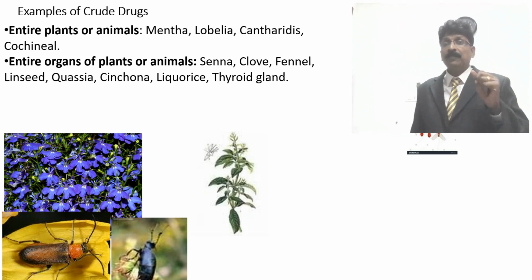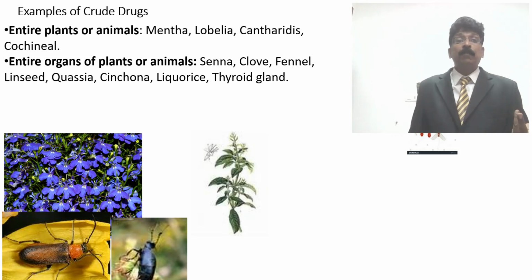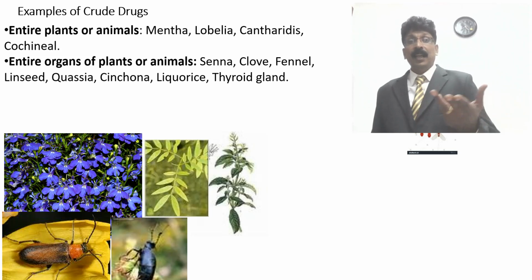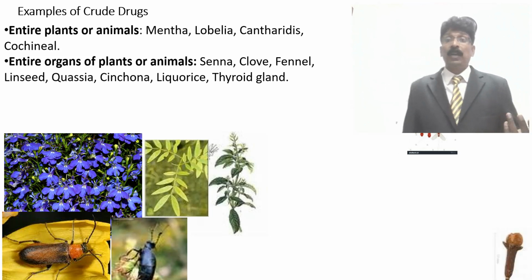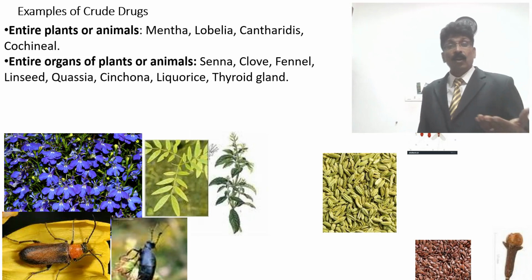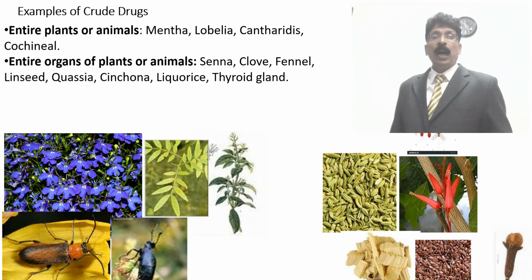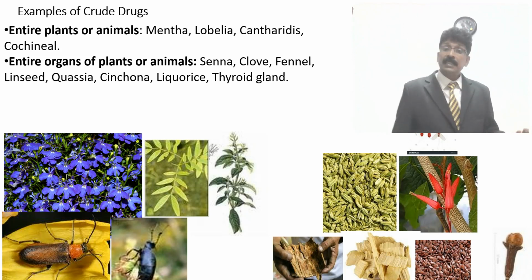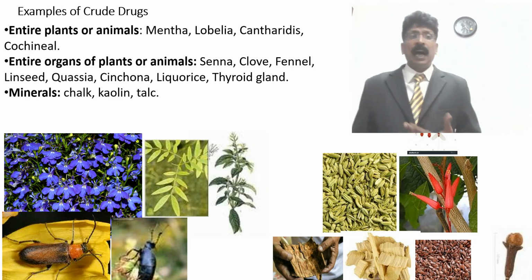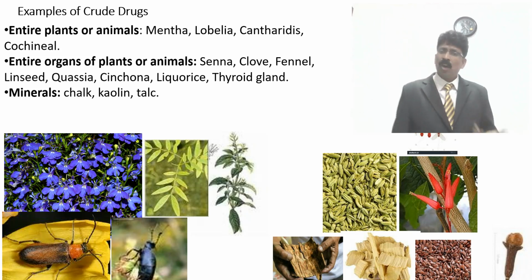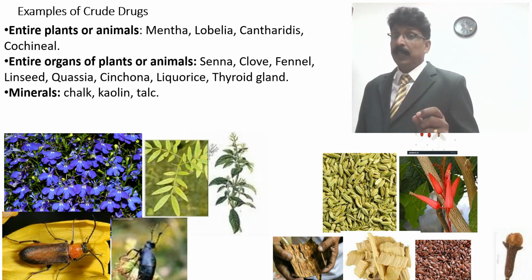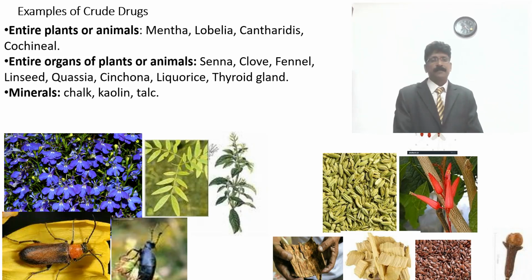So these are parts of the plant and parts of the animal, entire organs of plants and animals, like senna leaf, clove flower bud, fennel fruit, linseed seed, quassia wood, cinchona bark, licorice root, thyroid gland. Minerals: chalk, kaolin, talc. They are minerals, which can be an example.